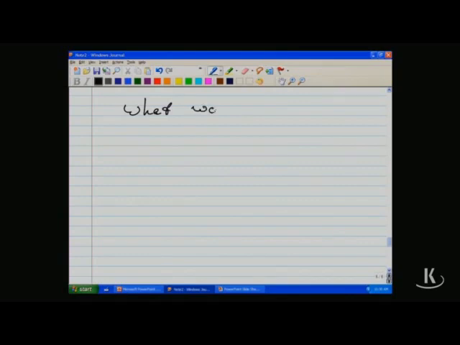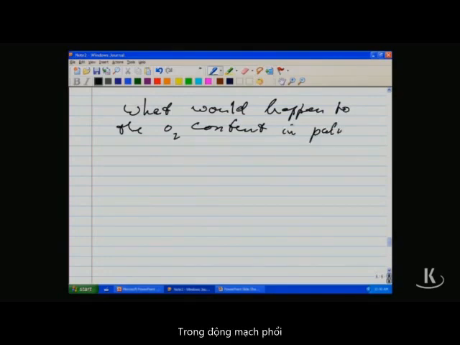what would happen to the oxygen content in the pulmonary artery in a patient with PDA?